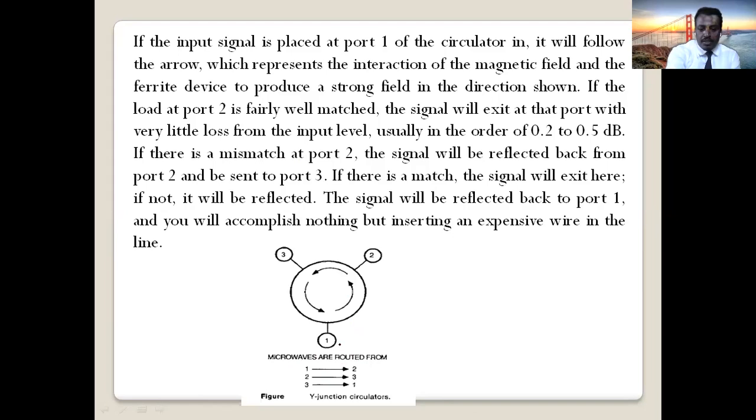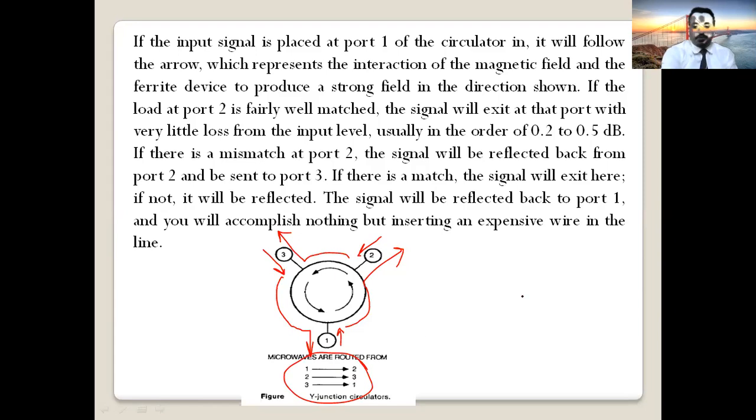So anti-clockwise means if a signal comes at port 1, it's guided only to port 2 as output. You will not get a signal at port 3 now. All the input signal at port 1, output will be port 2. If a signal comes at port 2, it goes in the anti-clockwise direction. Here is the output. If a signal comes from port 3, it is guided to port 1 only. Okay, this is an anti-clockwise circulator, as you can see here.